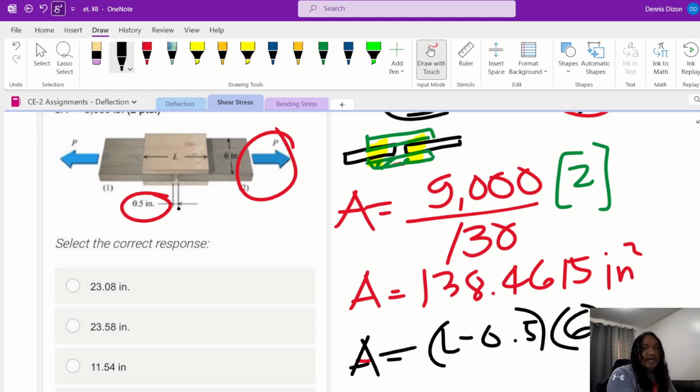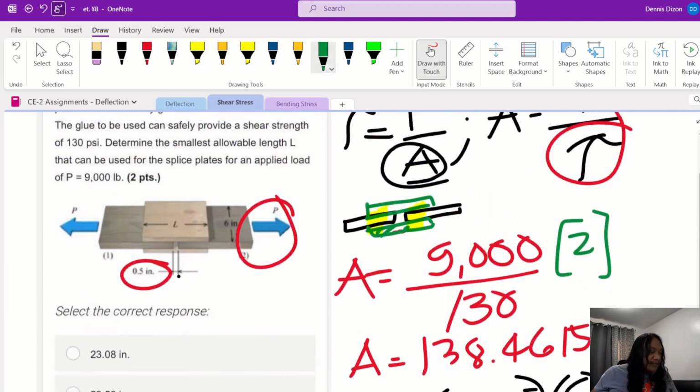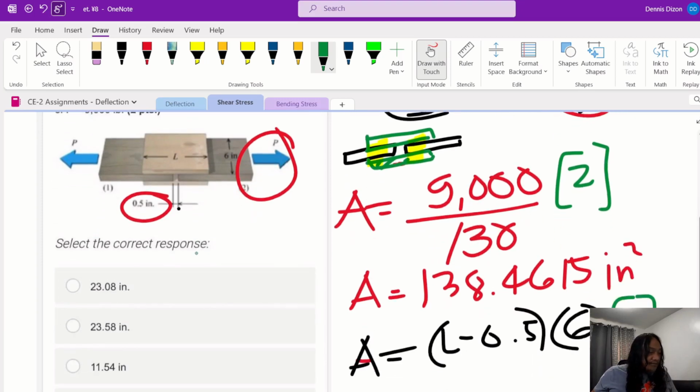Now, remember, we have plate in both top and bottom, so we have to multiply this also by 2, because we have plate on the upper portion and also at the bottom.